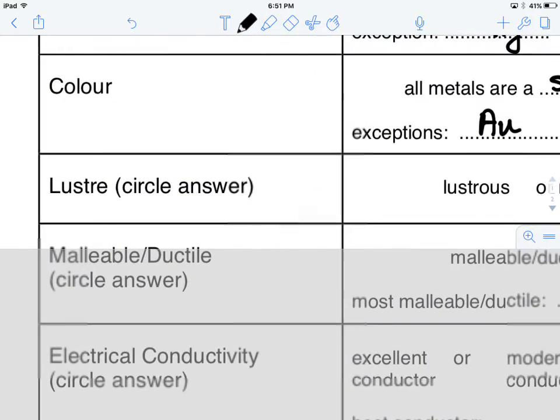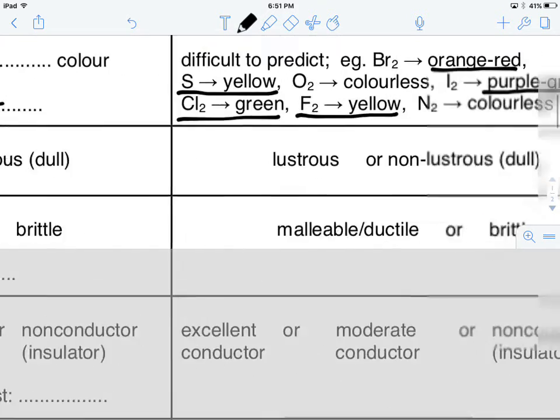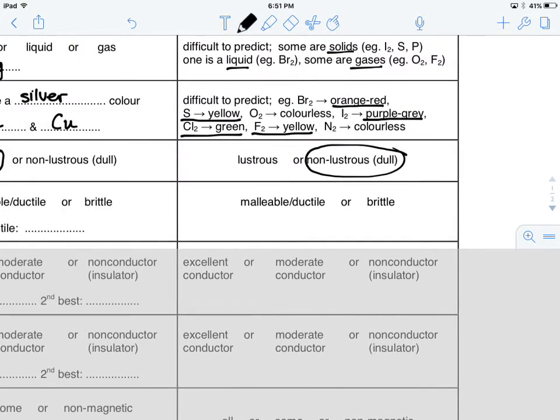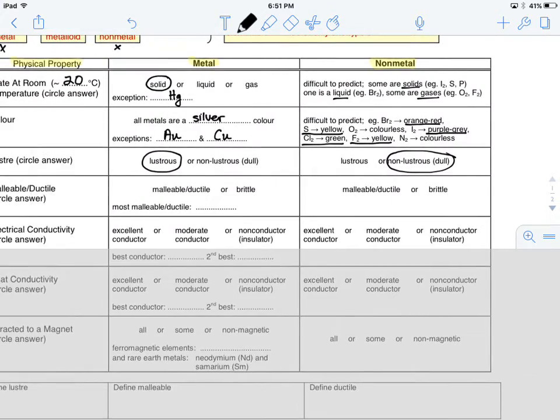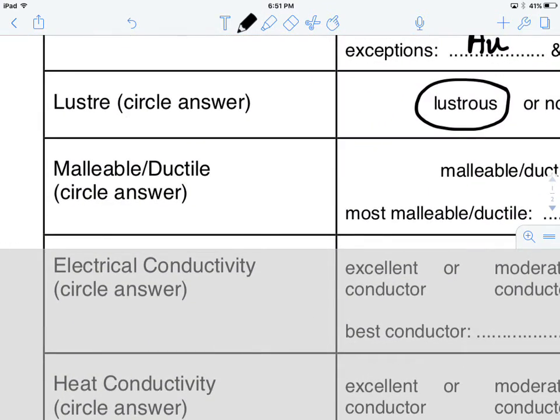Luster is the next on our list. As it turns out, all metals are lustrous, which means they're shiny. Nonmetals are dull, so all of these have no shine to them. They are non-lustrous. All right, the next category is workability. This is how malleable it is and how ductile it is.